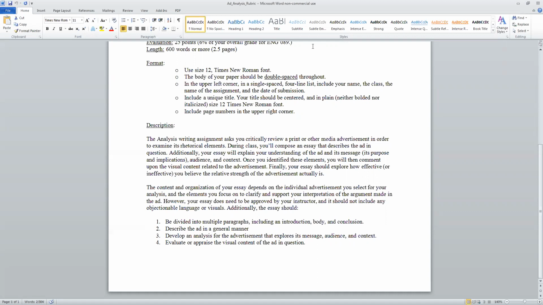That includes explaining who the ideal or specific audience for that ad was and the context in which it appeared for them. We then commented upon the visual content related to the ad itself and explored how effective or how ineffective we thought the strength of the relative ad actually was.